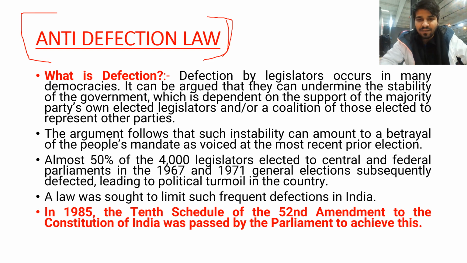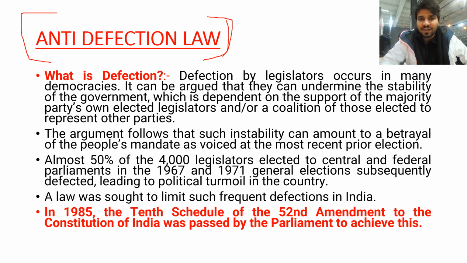So defection is basically like leaving your party and joining any other party, and what it does, it contravenes the basic principle of governance, basic principle of stability, because if the government doesn't have the support of its members, it is going to lose confidence in the house. That will tantamount to the dissolution of the house. So this law was much needed to protect the stability of the government of the day.